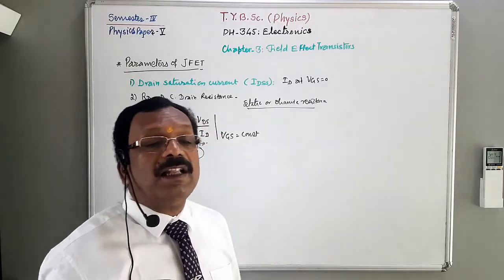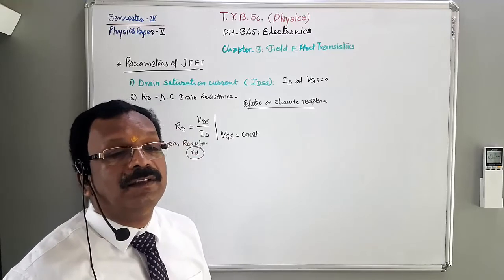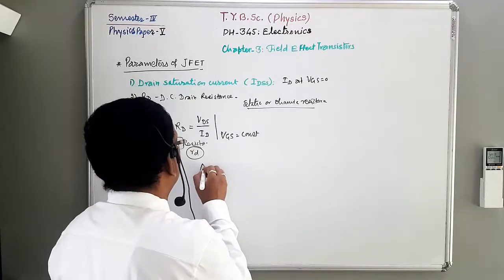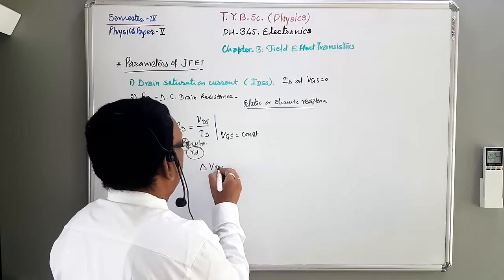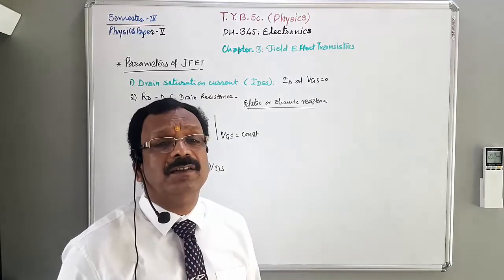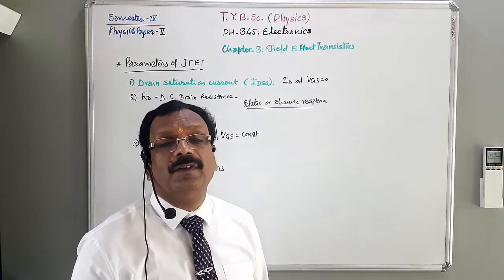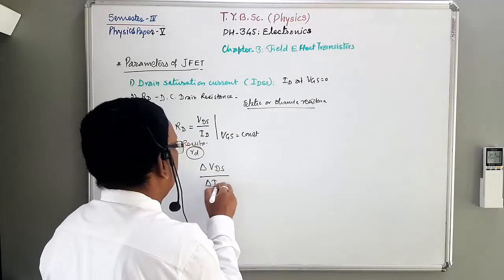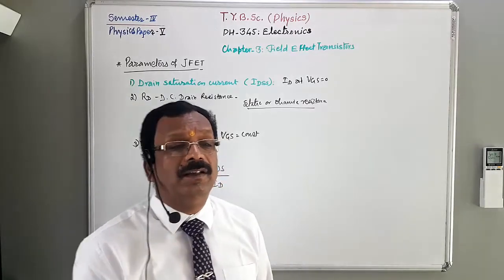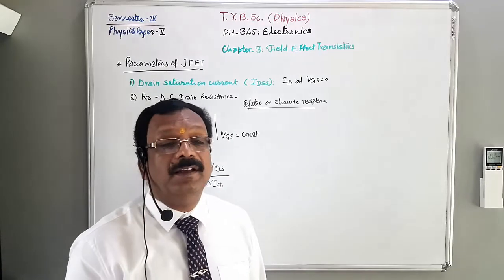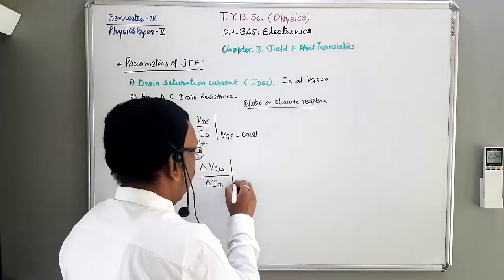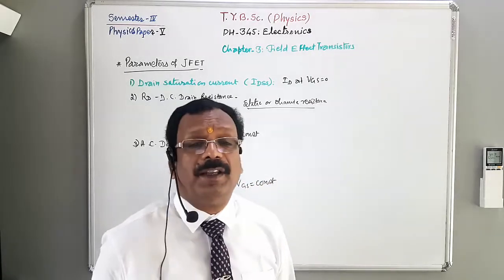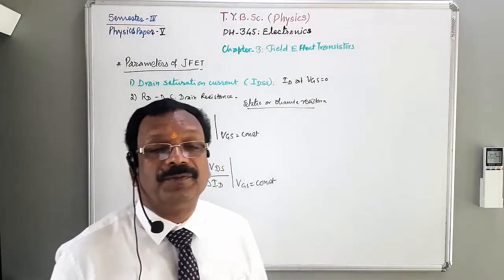It is defined as the ratio of small change in drain to source voltage to the resulting small change in drain current, that is delta ID, for a constant VGS, that is for a constant gate to source voltage.